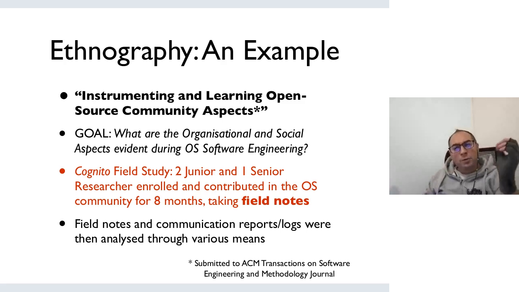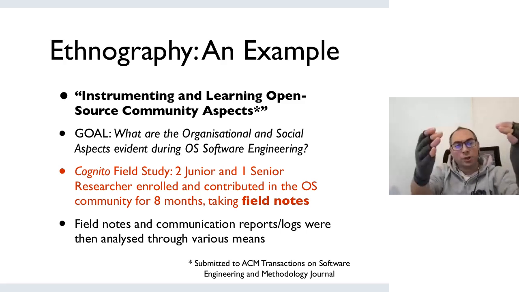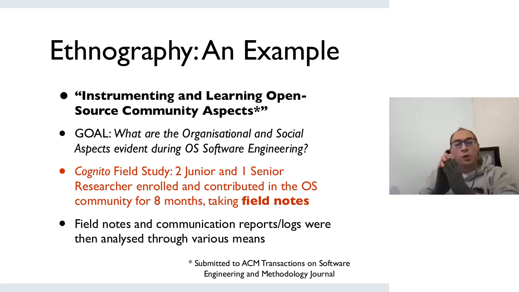So this was my research problem. What I instrumented was what is known as a cognito field study. It means the people in the field knew that we were conducting the study on them. What we did is go and embed ourselves into an open source community, study and contribute to that open source community for about 8 months, taking field notes every day.